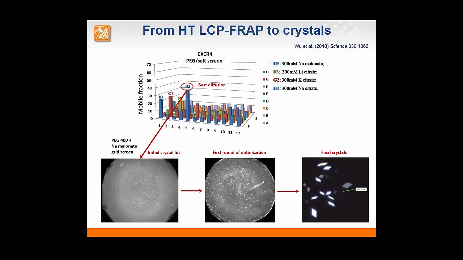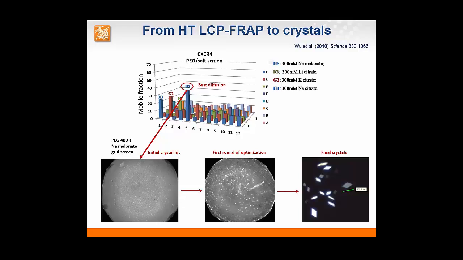And we observed very tiny crystal hits in this screen. By further optimization using additives, we got little beta crystals, and further optimization of all concentrations, we obtained final crystals of sufficient size to get high resolution diffraction at a synchrotron source.